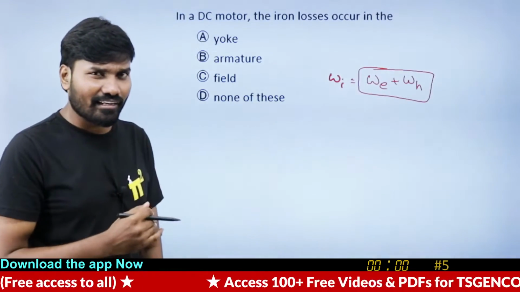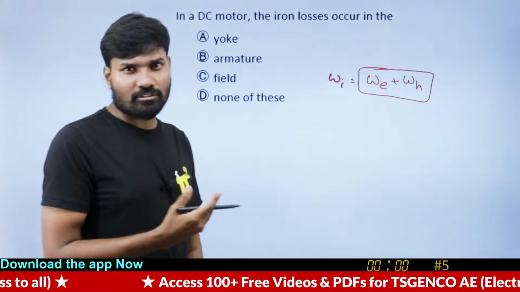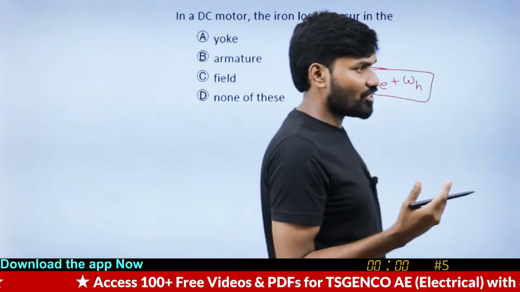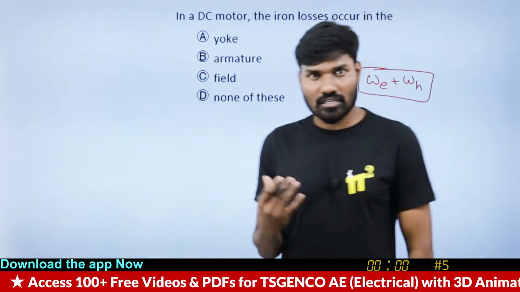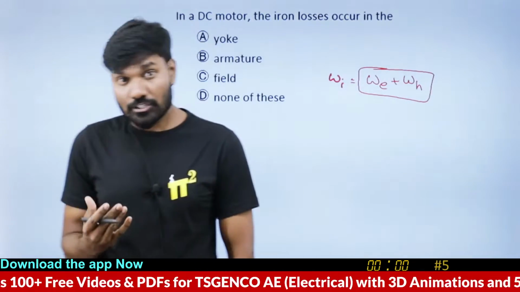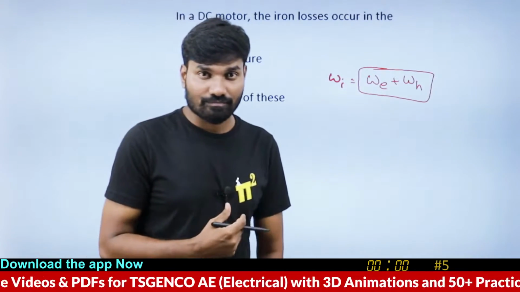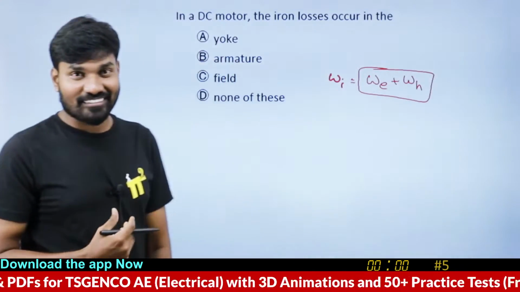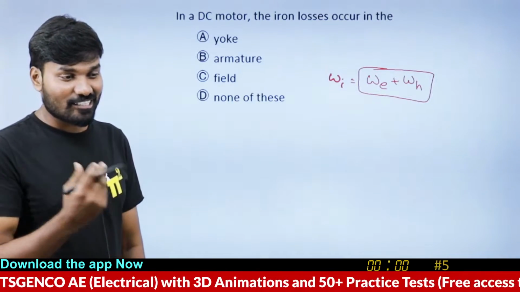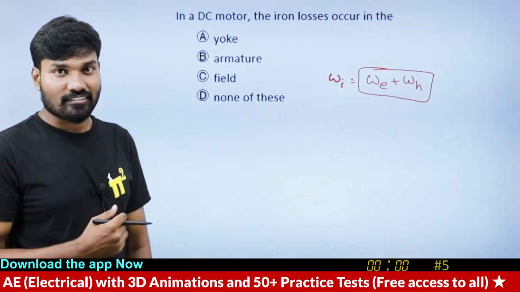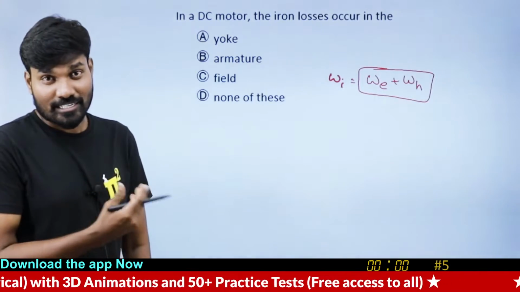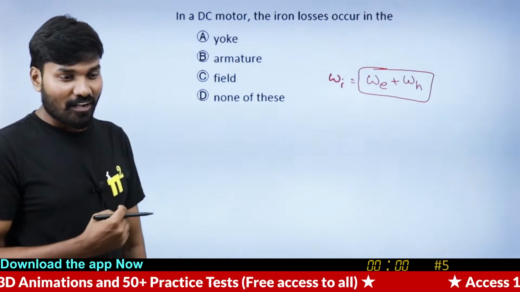In case of a DC, what's the concept of eddy? What's the concept of hysteresis? I don't think there is a concept of eddy or hysteresis, there should not be, because it's a DC. Yes or no? Absolutely, it appears to be.